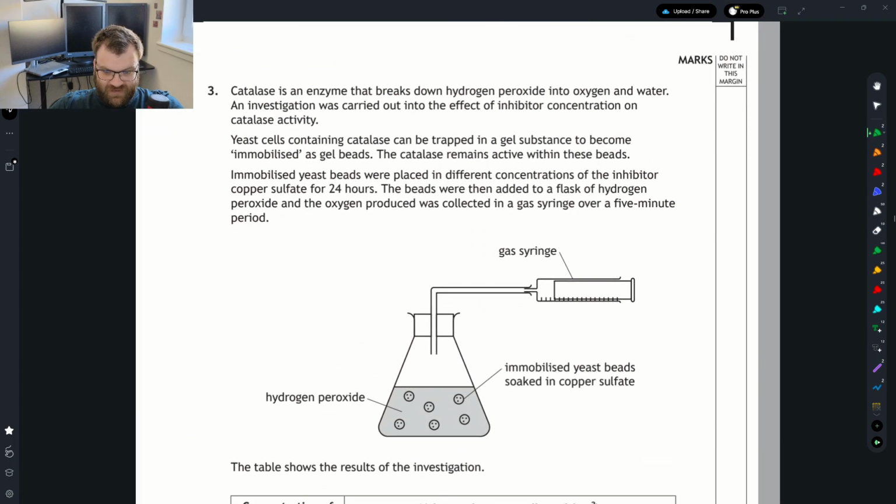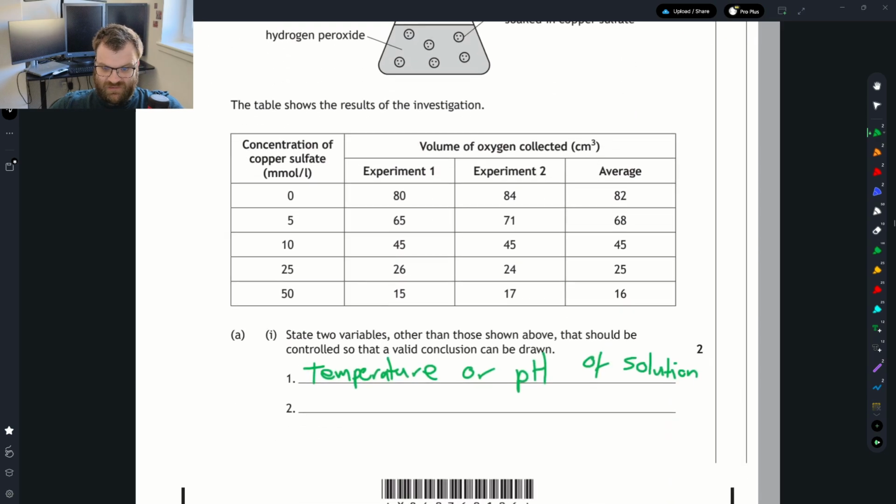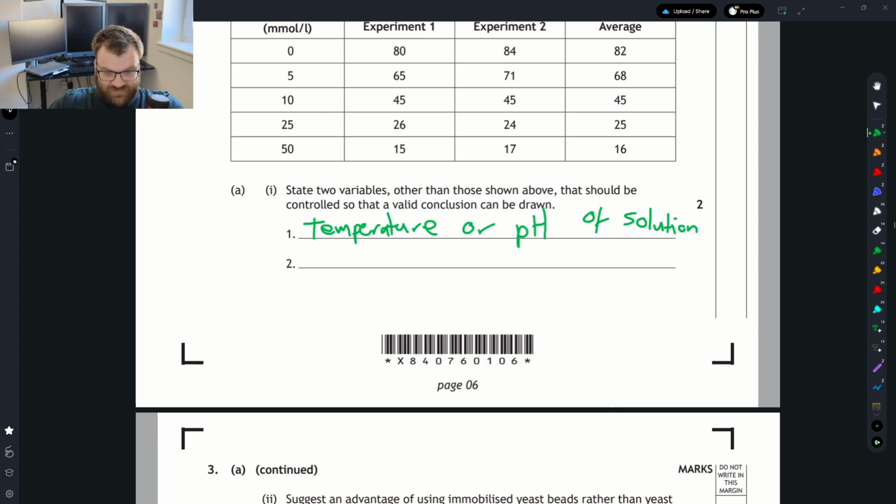Now, when you're dealing with solutions, the volume or concentration of those solutions, and it doesn't say volumes of anything. So we could have the volume of inhibitor. That was your copper sulfate.